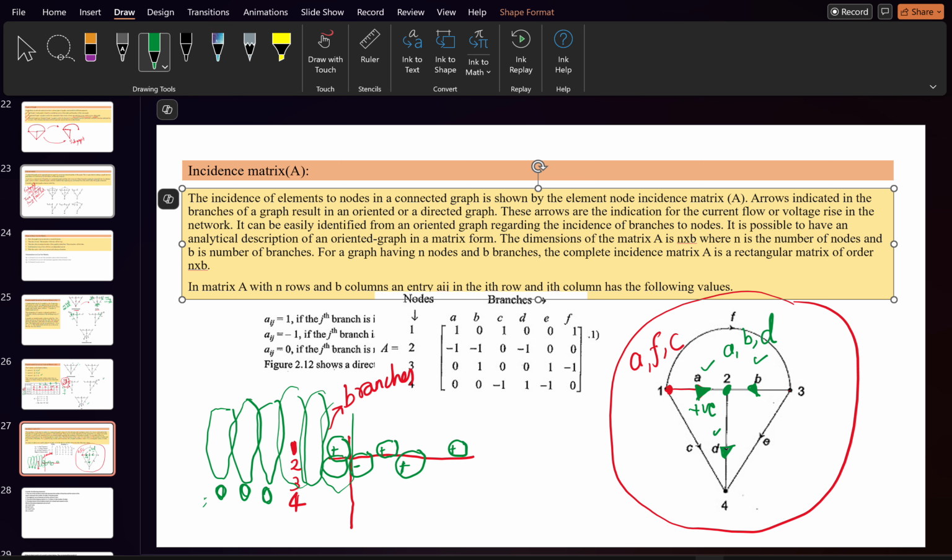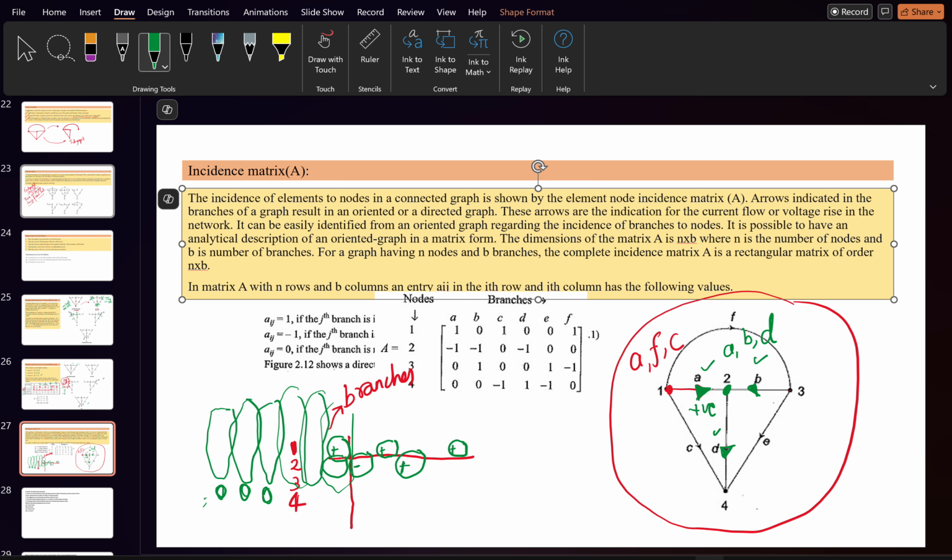This is because whatever current is coming into a particular node will also be leaving that node. So at a particular branch, the plus one and minus one will be there. That's why it is actually coming zero.